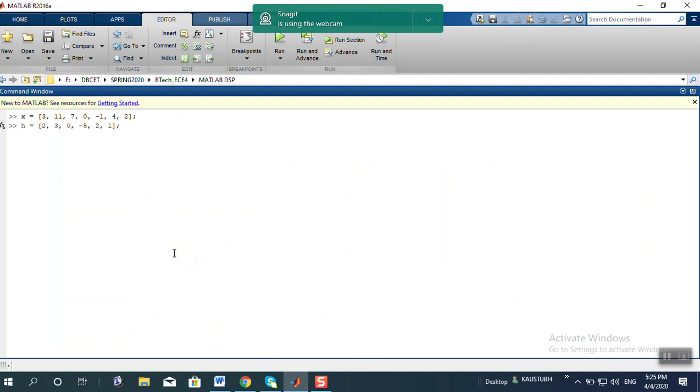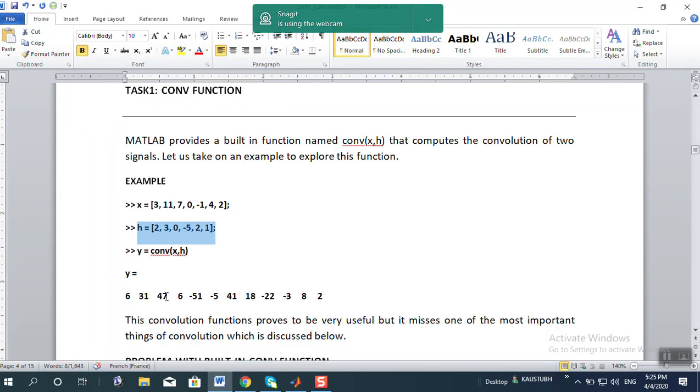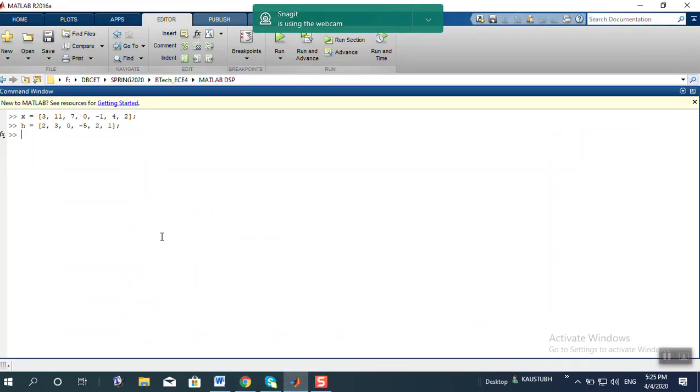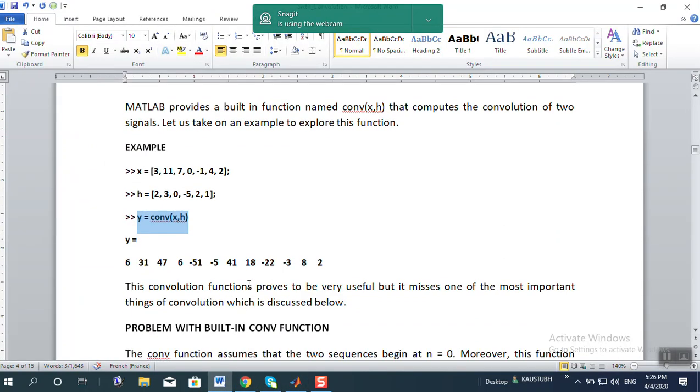Here there is nothing mentioned about the time index of both x and h, because in this function conv, it does not take into account the time information or time index. So these are the values of y.